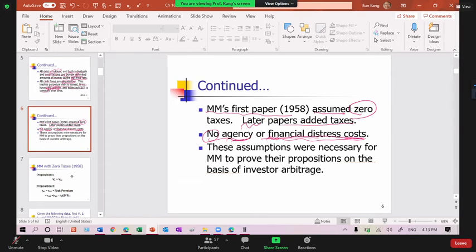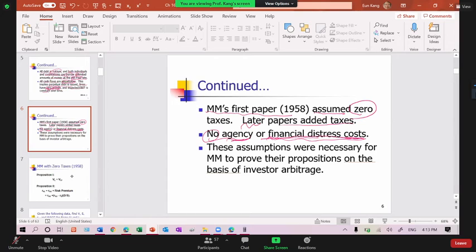Okay, so you'll see the pros and cons of their paper. I think the conclusion is not very good. But why did they get the Nobel Prize? Because they provided us how to evaluate or how to do research, some research framework.